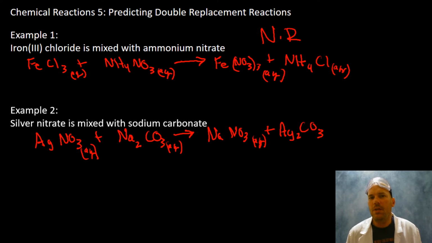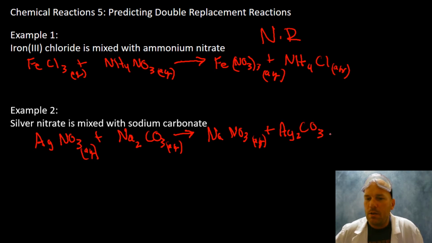Silver is one of those exceptions that I referenced that you would learn throughout the course. Silver 1 is, in nature, pretty much the only oxidation state you'll ever find for silver. So chemists will often just simply call it silver nitrate as opposed to silver 1 nitrate.